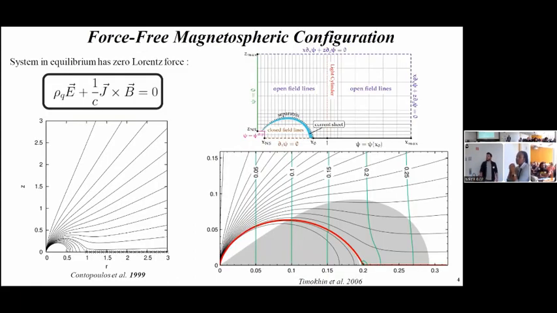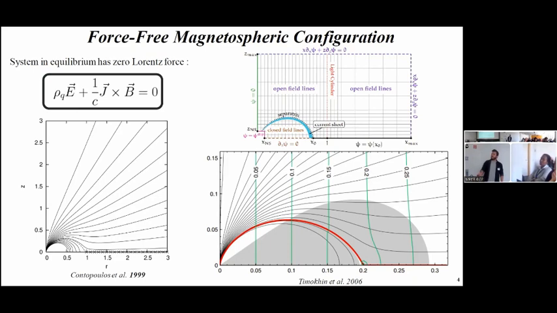Okay, so if a system in equilibrium has zero Lorentz force, then it obeys this equation, and we can say that the magnetosphere that comes from this equation is a force-free magnetosphere. We can see the first illustration of a relativistically rotating force-free neutron star at the left, where the region of closed magnetic field lines is down there, and the rest of the magnetic lines cross the light cylinder smoothly and extend to infinity.